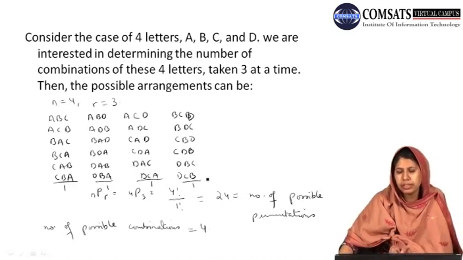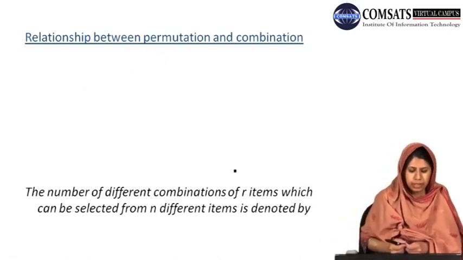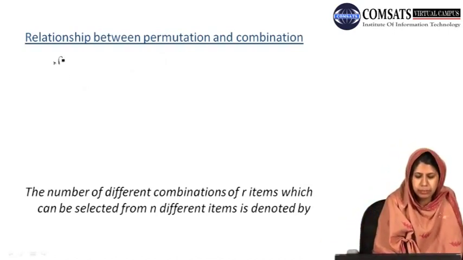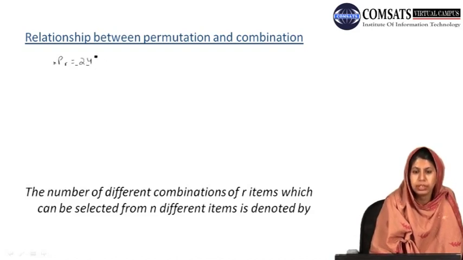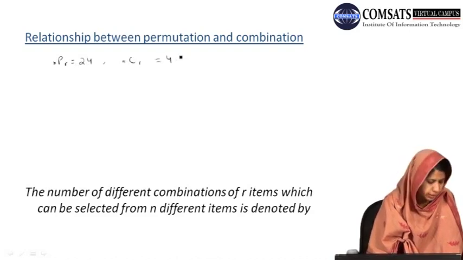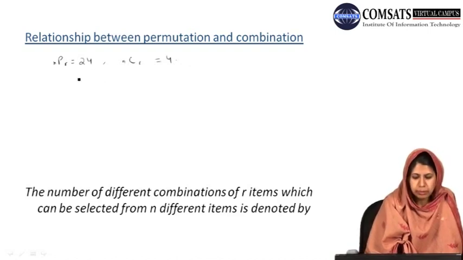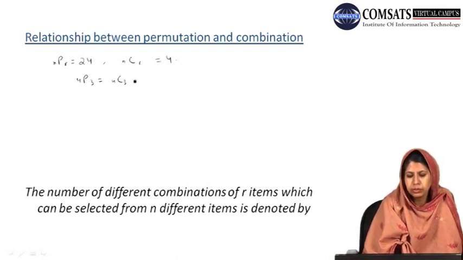If we look at the relation between permutations and combinations, our number of permutations nPr was 24. Now our number of combinations nCr is 4 only, which means that our number of permutations 4P3 is 4C3 into 3 factorial.